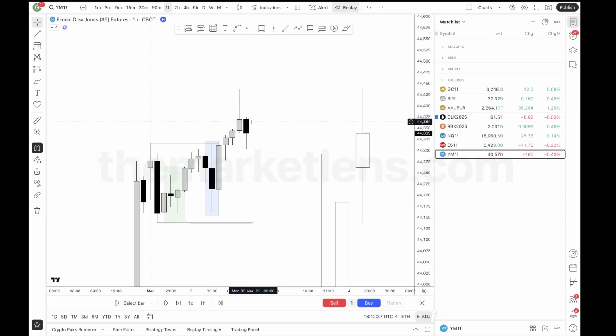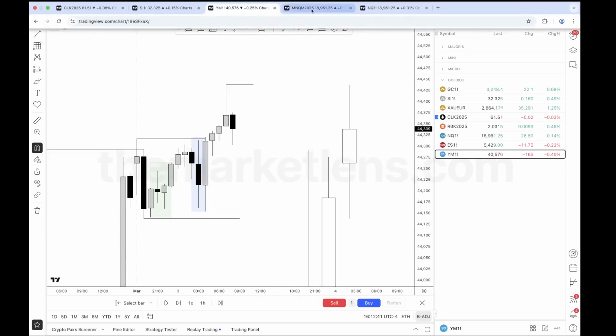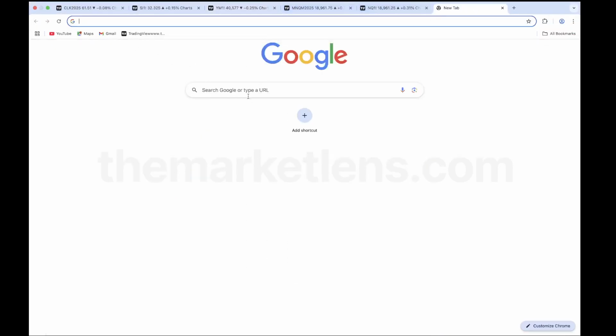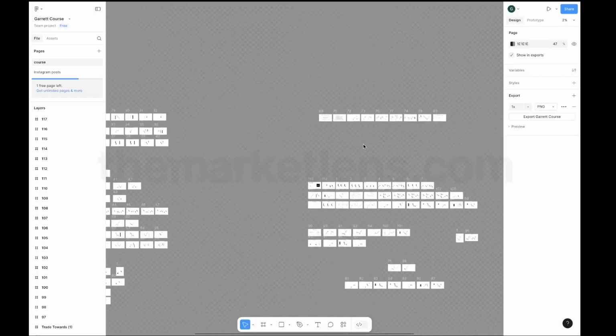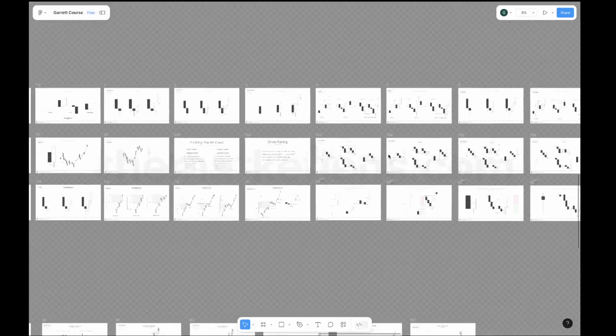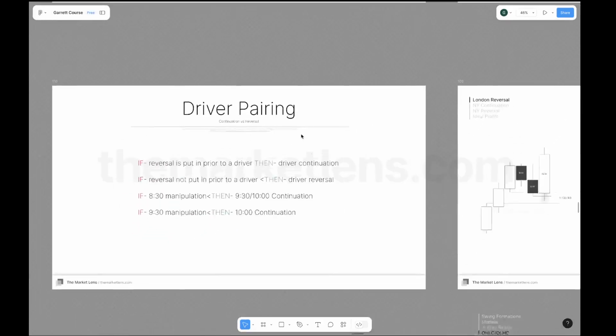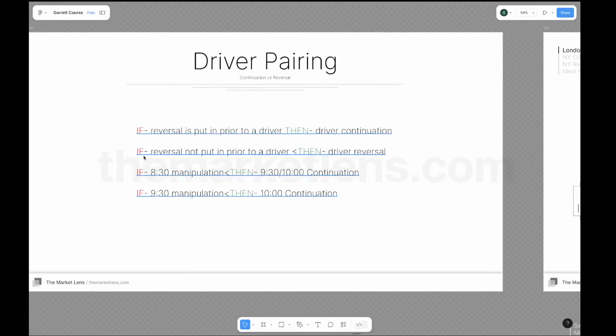This next candle is 9 o'clock, right? So one of the if-then scenarios, I can actually pull this up real quick. Okay, so if a reversal has not been put in prior to a driver, then we want the driver to reverse.